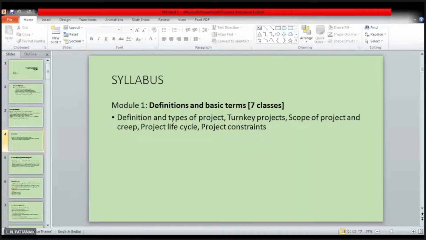Some resources are used. So you spend something on that. The same thing applies to the projects we are going to discuss. It consumes resources. All projects consume resources. You cannot call a project a project if it does not consume resources.